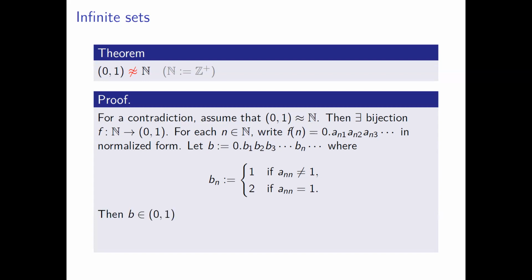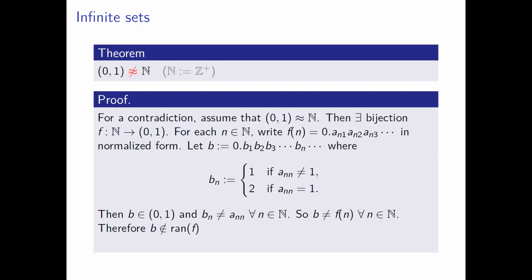Then the number b defined in this way lies between 0 and 1. And for any natural number n, the nth decimal digit b sub n of b is never equal to a sub nn. So b is not equal to the image f of n, and this holds for all natural numbers n.